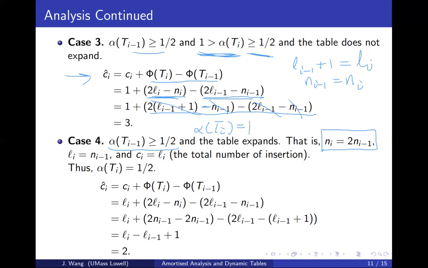And L sub i is equal to n sub i minus 1, because you got a new n sub i here. And then c sub i is equal to L sub i, so that is the total number of insertions. That's the cost.